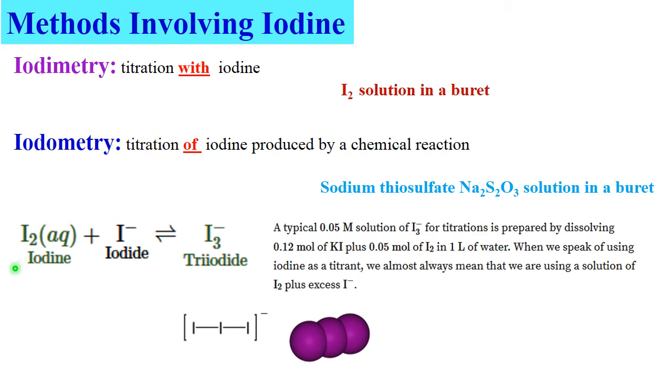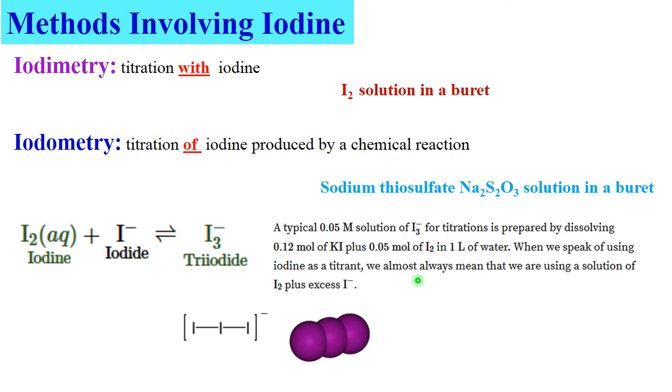Now, in water, iodine is very poorly soluble. So, how do we prepare its solution? We dissolve potassium iodide and to this solution add some iodine in water.